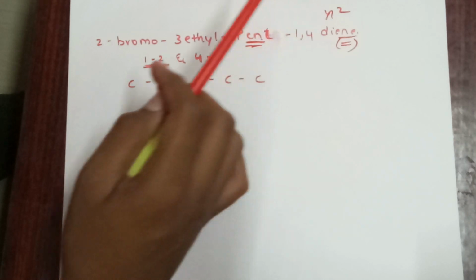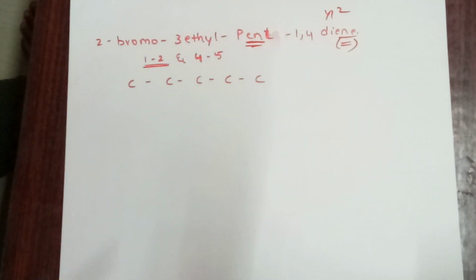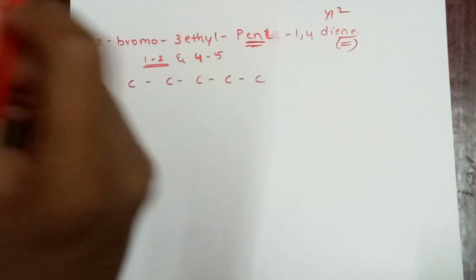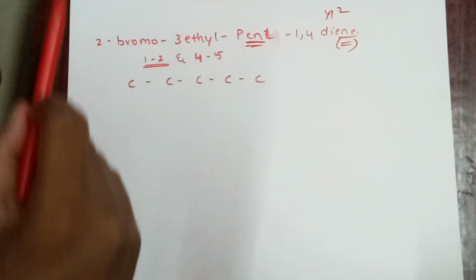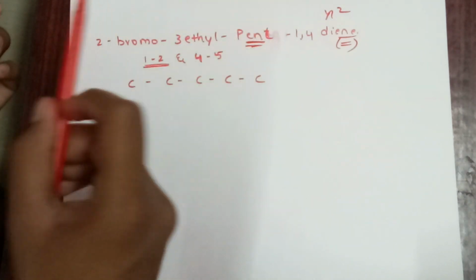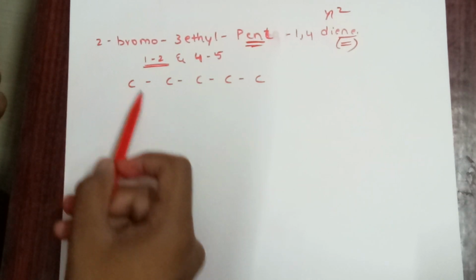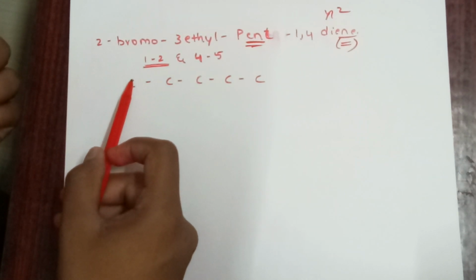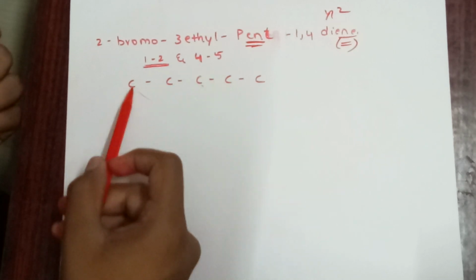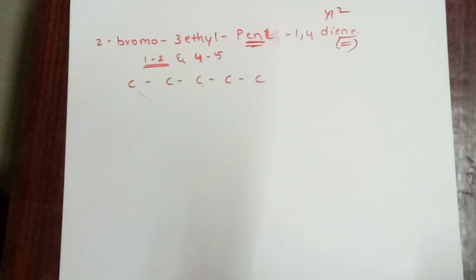In 1,4-diene, the lowest of the 2 numbers is 1, and both numbers should be consecutive, because the double bonds are present only between 2 consecutive carbon atoms, but not between the others. They are only present between this and this.